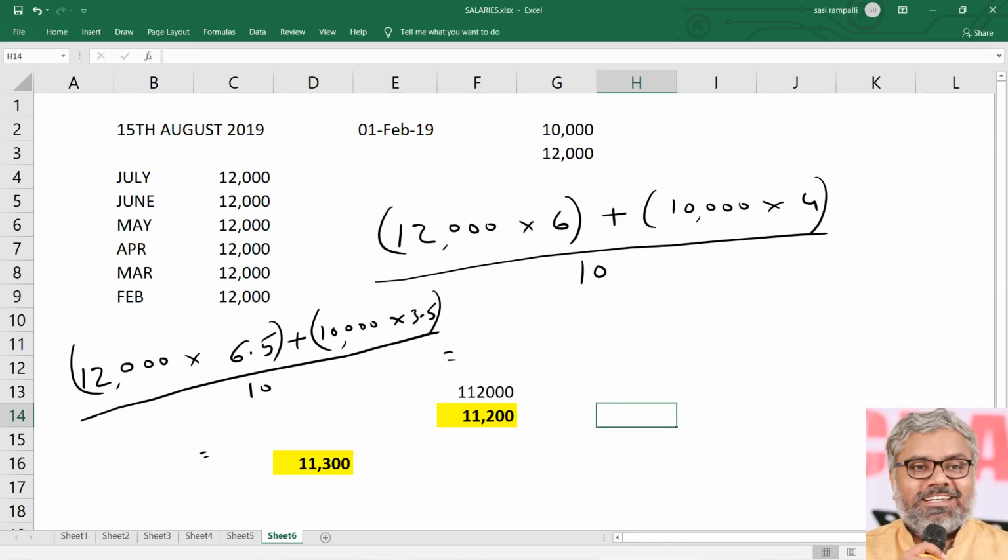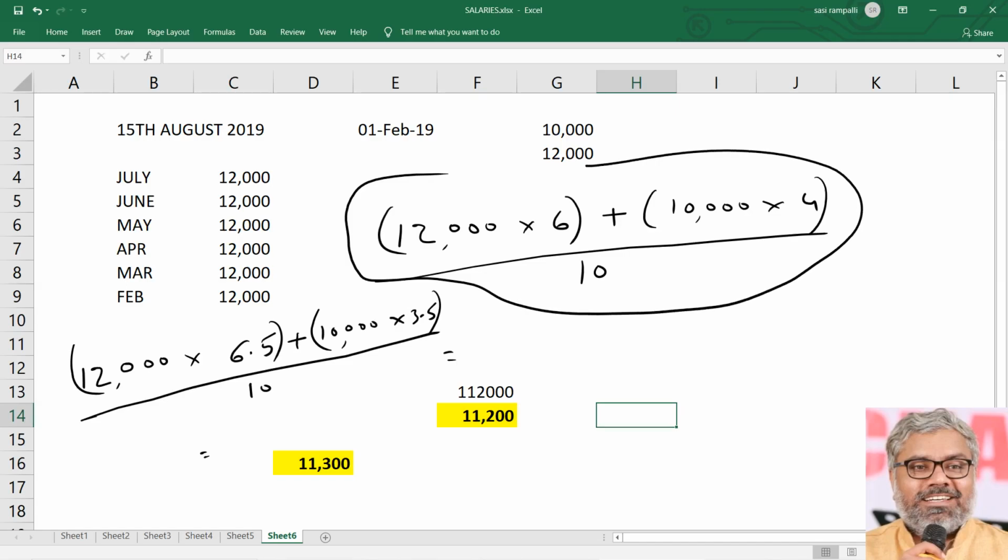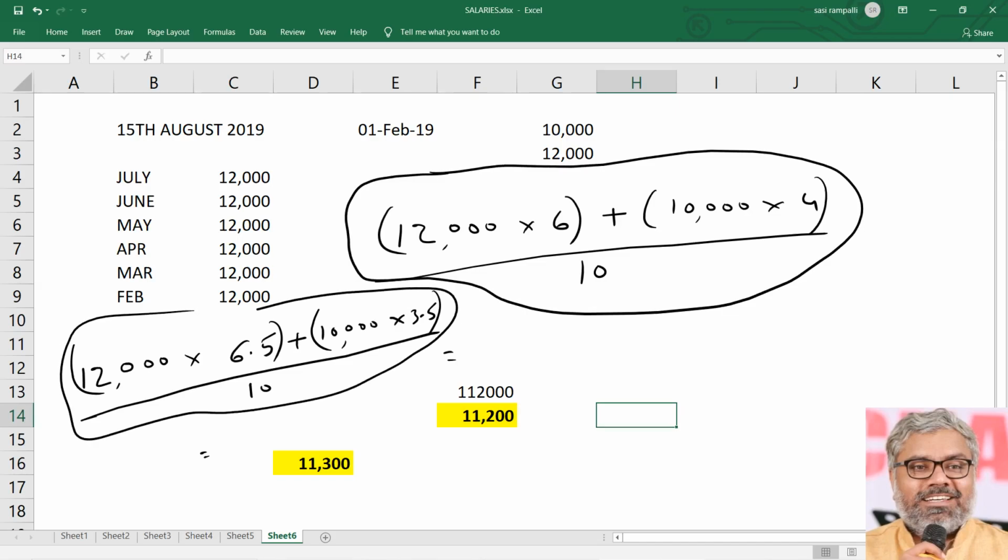For gratuity, we have to take the 10 months average salary preceding the month of retirement, whereas for leave salary we have to take the 10 months average salary preceding the date of retirement. That difference we need to identify between these two average salaries.